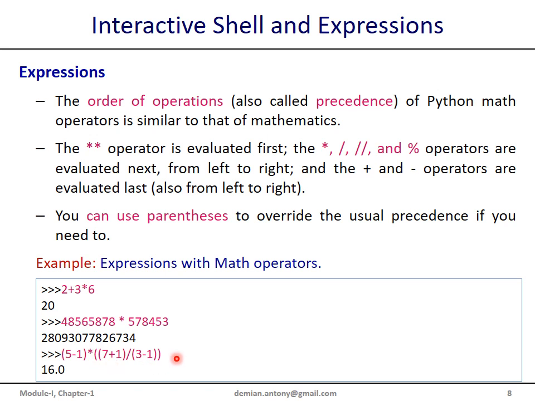This expression results in a value 4.0 as we have a floating point division. Even though this results in an integer value, the result of this operation is floating point. This is 4.0, and 4.0 into 4 again is 16.0, floating point.